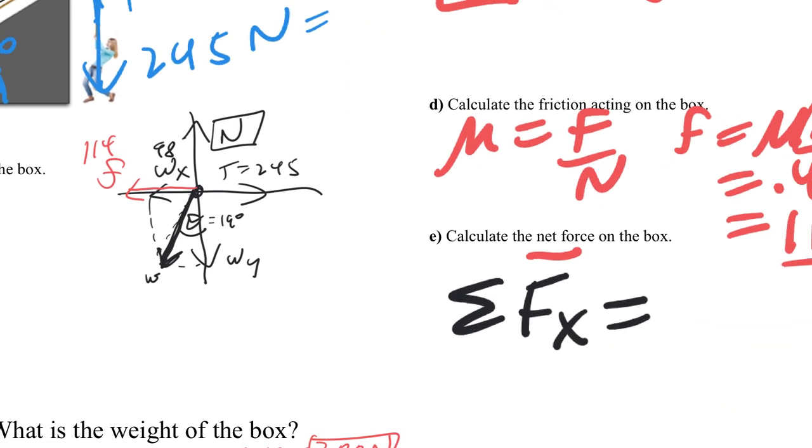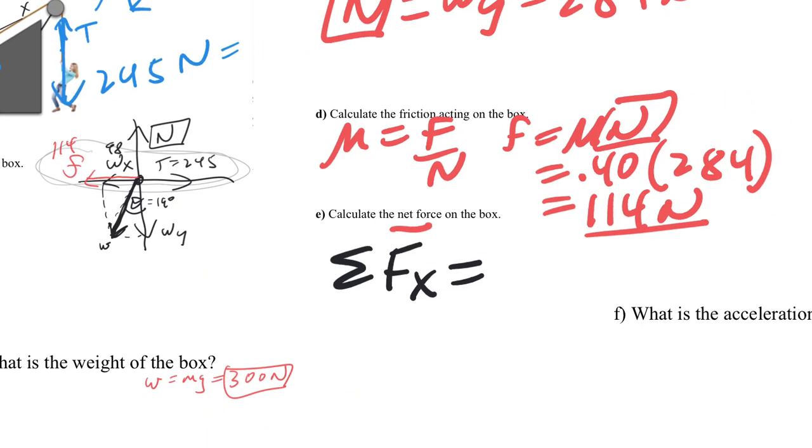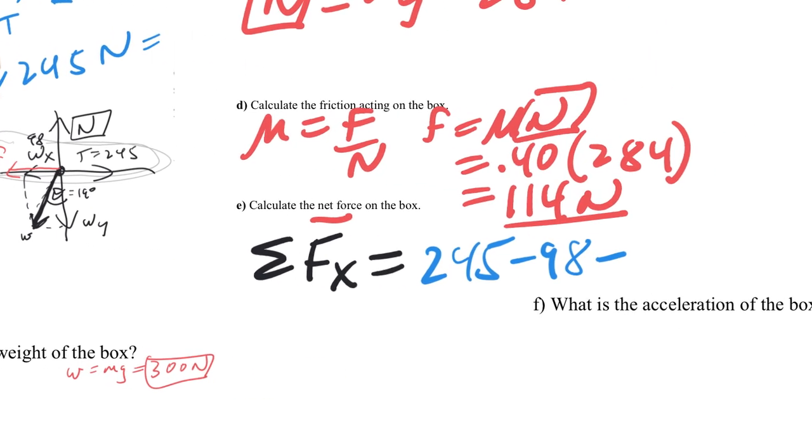So using that picture, just using the x components, the forces along the ramp, let's just assume that T is bigger. So let's write this: 245 minus 98, because it's going the opposite direction, minus 114.